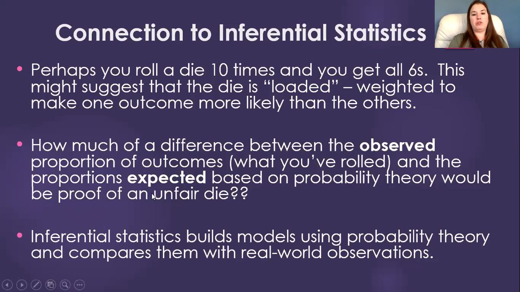So all of inferential statistics is about comparing what's called the observed, what actually happens, to the expected. And the expected is what happens if probability theory was in play and the outcomes were just due to totally random chance. So all of inferential statistics builds models using probability theory and then compares them with real world observations.